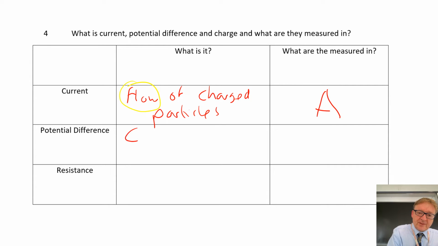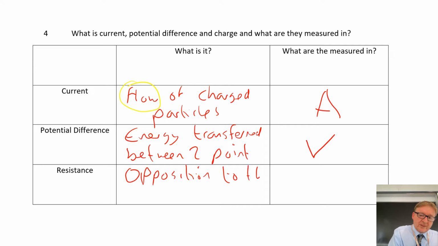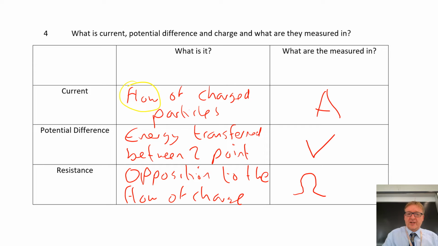Potential difference is the energy transferred between 2 points, measured in volts. Resistance is the opposition to the flow of charge, and that is measured in ohms, which looks a bit like a funny hat.